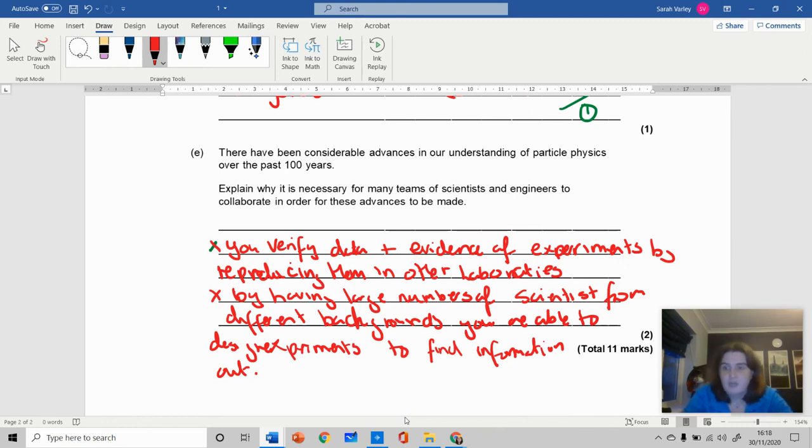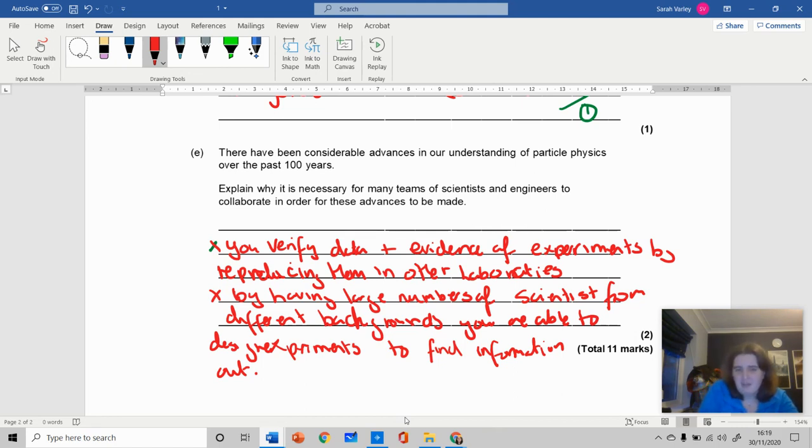You couldn't do that with just one person in a room. To actually make the device that is able to produce the data for the physicist to look at, that's not the physicist, that's the engineer and the chemist working together to be able to get the liquid nitrogen, get the liquid helium down, and so on. It's a really interesting part of physics, how it's all linked together and how they collaborate.